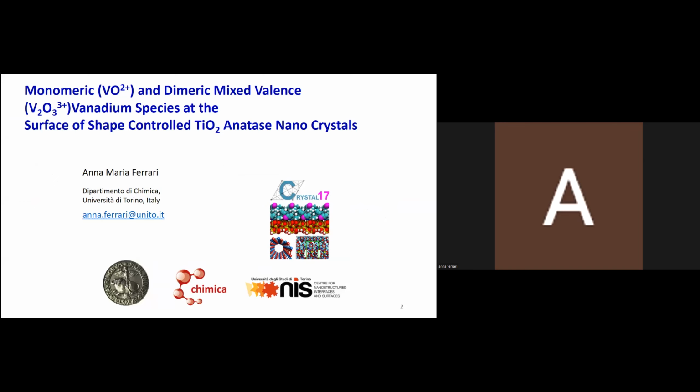Okay, now I'm presenting something completely different, something related to surface science and how quantum mechanics, computational chemistry can help to elucidate some problems connected to surface science, active species supported on other materials, because it's very important to know the structure of these particles.